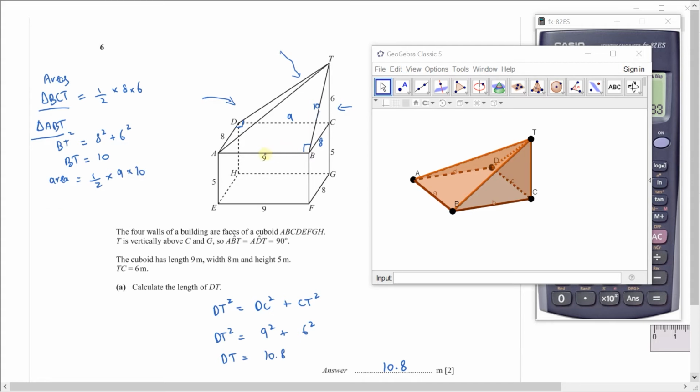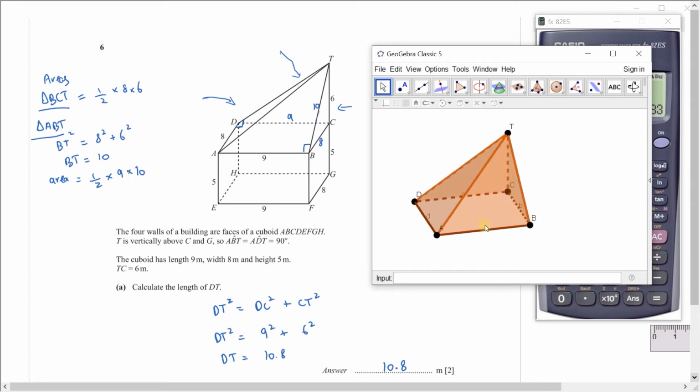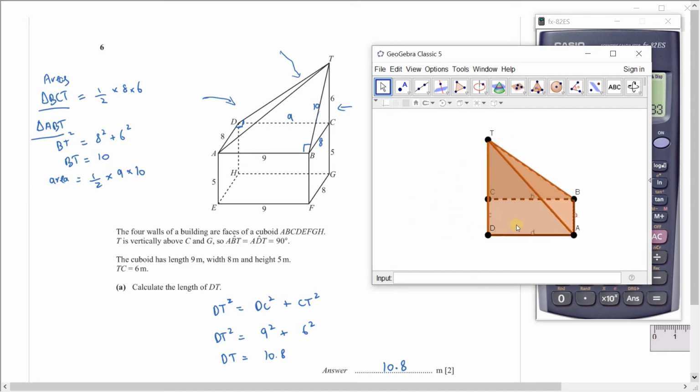So let's move on to the next triangle, which is this left side. Let me rotate it. Now we are looking at this triangle ADT, which is this left side here. And again, this angle here is 90 degrees. Angle ADT, also given in the question, is 90. And I know that this side is 8.